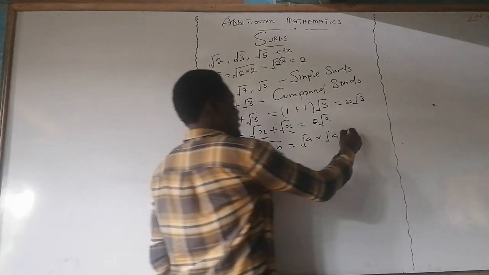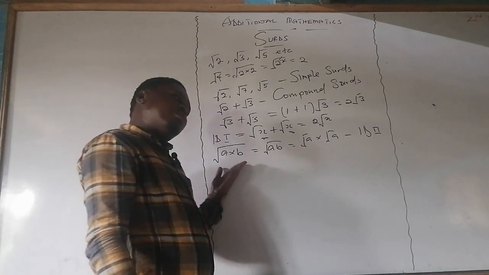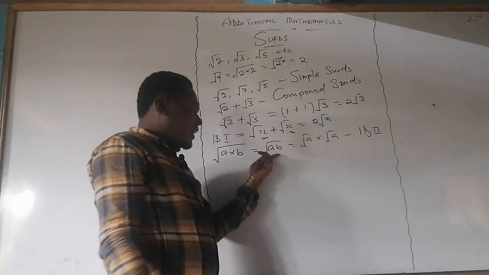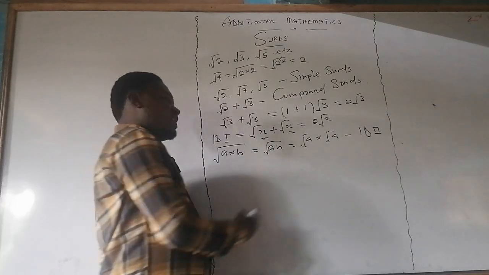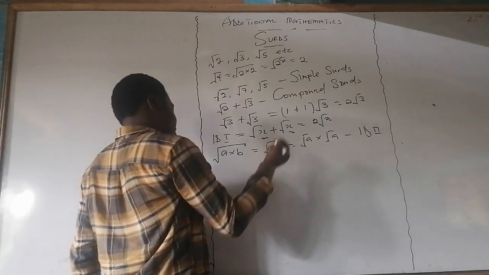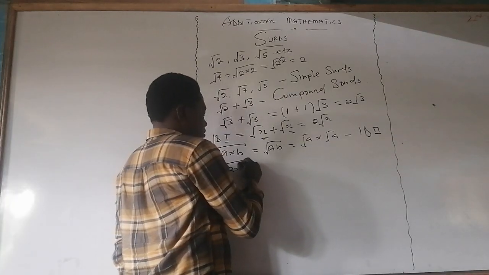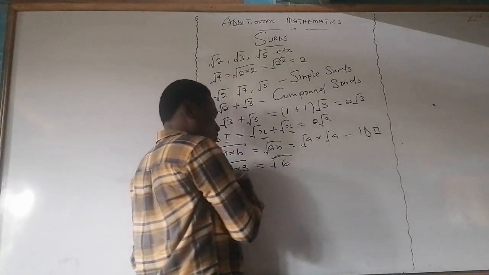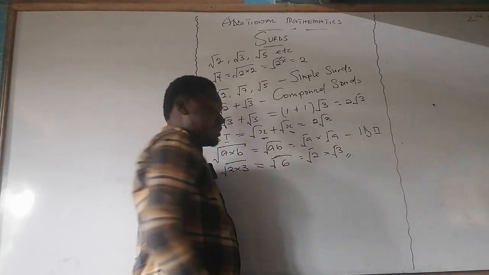So identity 2, this is ID2, says that if you have two numbers multiplying inside the square root, you can either multiply them like this or break the square root for the two of them, provided the square root is covering the two numbers or variables inside. For example, we have the square root of 2 times 3. In this case, we can say the square root of 6, that's 2 times 3, or the square root of 2 times the square root of 3. Identity 2.